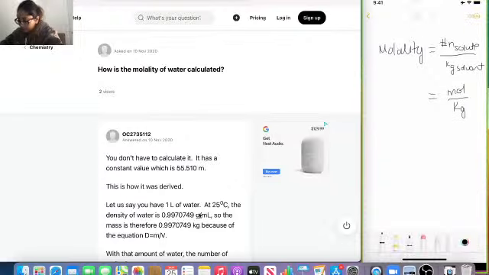So how do we calculate the molality of water? Let's say we have 1 liter of water.